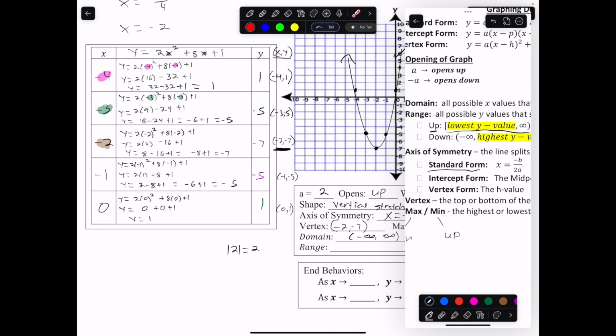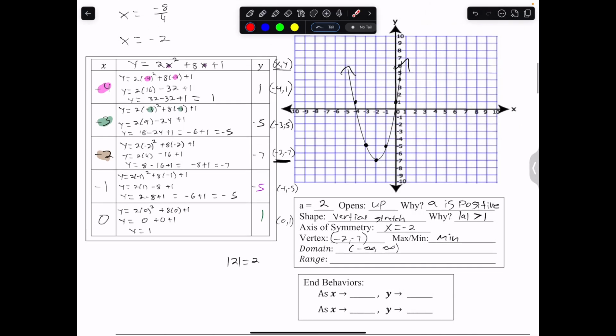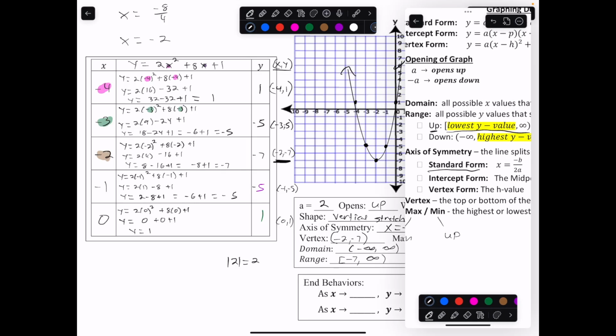Okay, we start from the lowest y value to the highest y value. So looking at our graph, my lowest y value is right here, which is negative 7. So we're going to go square bracket, negative 7. And then our graph goes up forever, so that goes up to infinity.